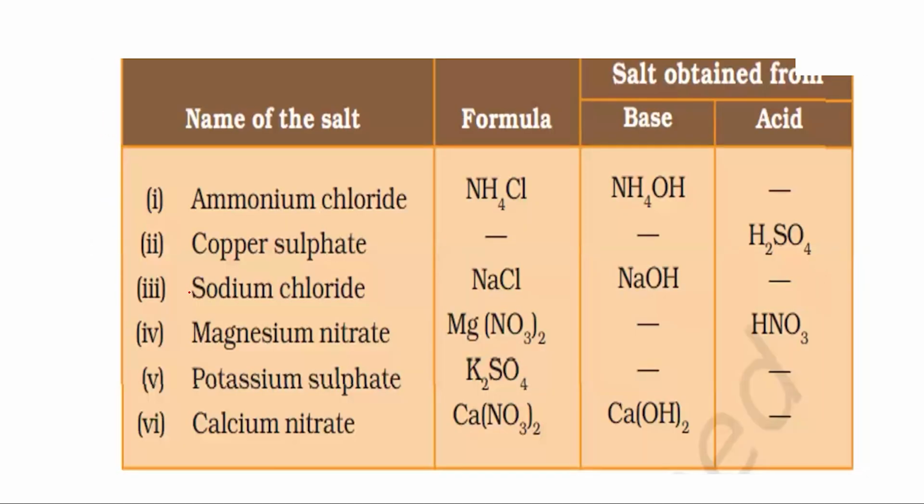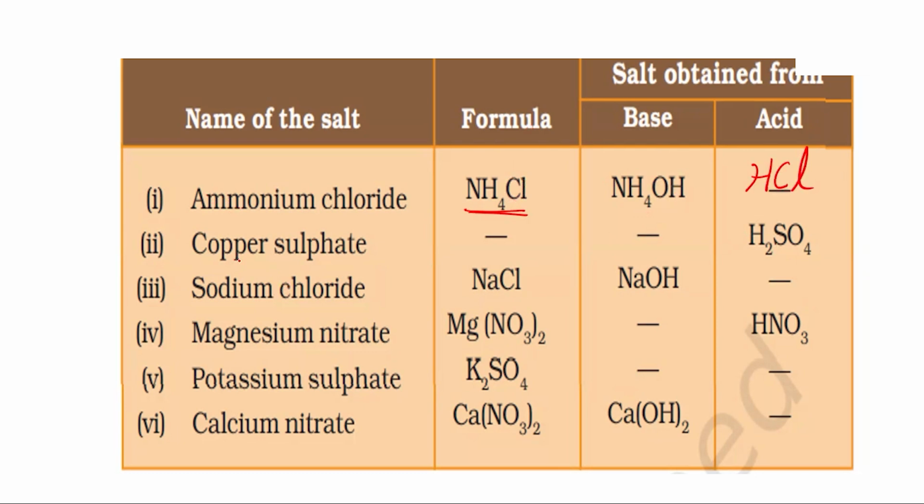Now the next question: formulas or names of salts are given, and you have to identify the base and the acid. NH4Cl is ammonium chloride and its base is ammonium hydroxide. Since it has the negative ion Cl minus, its acid will be HCl.